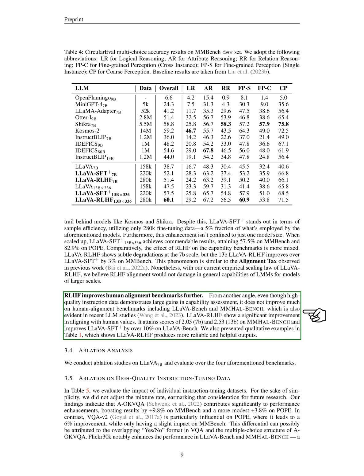It achieves scores of 2.05 (7B) and 2.53 (13B) on MMHAL bench and improves LLAVA SFT+ by over 10% on LLAVA bench. We also presented qualitative examples in a table, which shows LLAVA RLHF produces more reliable and helpful outputs.